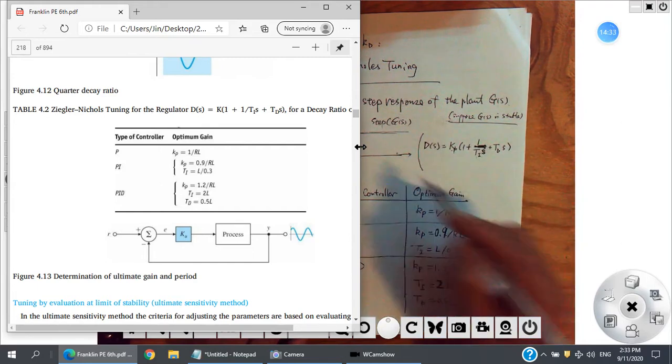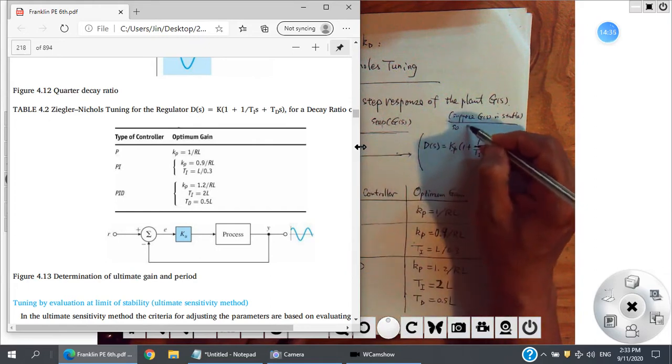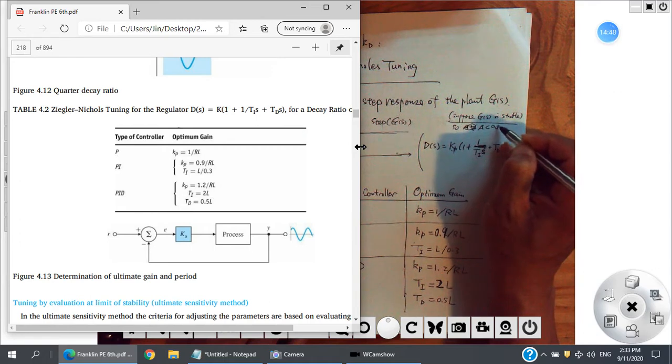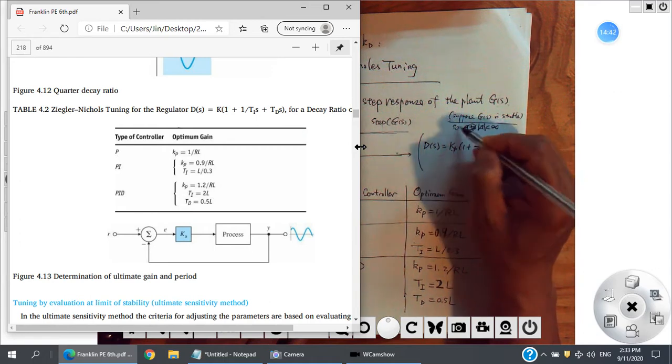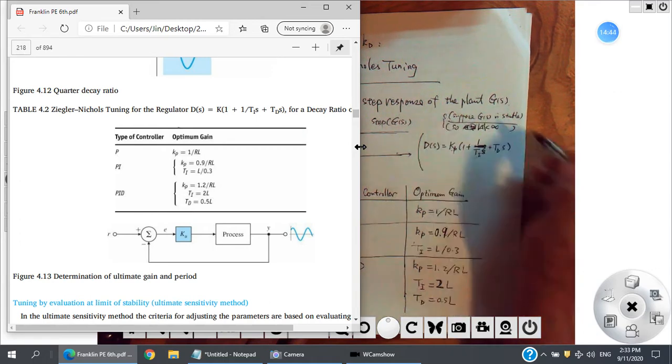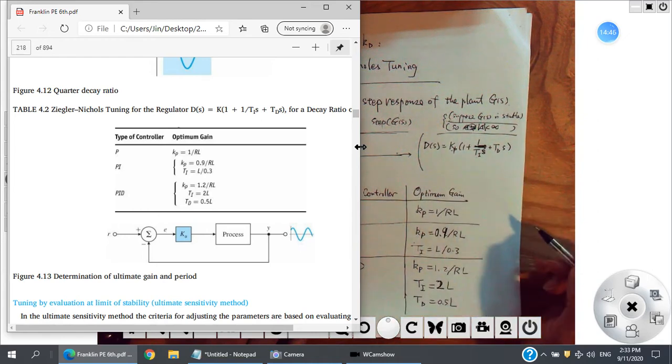Then you can have A, which is smaller than infinity, maybe a negative value, things like that. So we need this as a requirement.